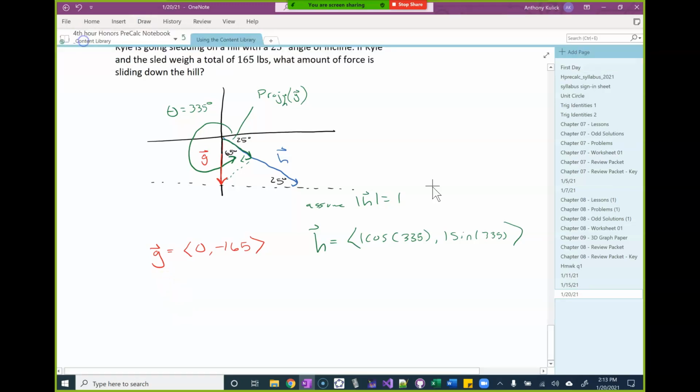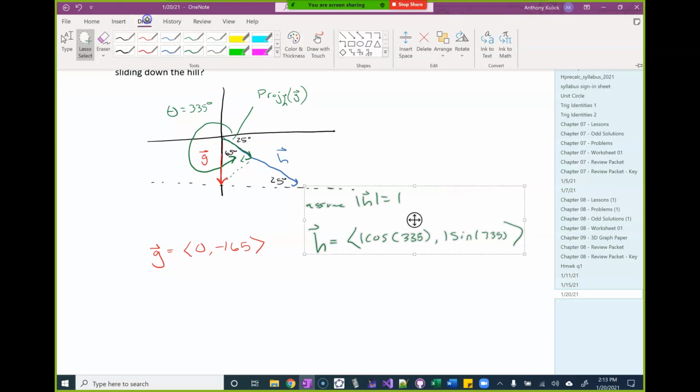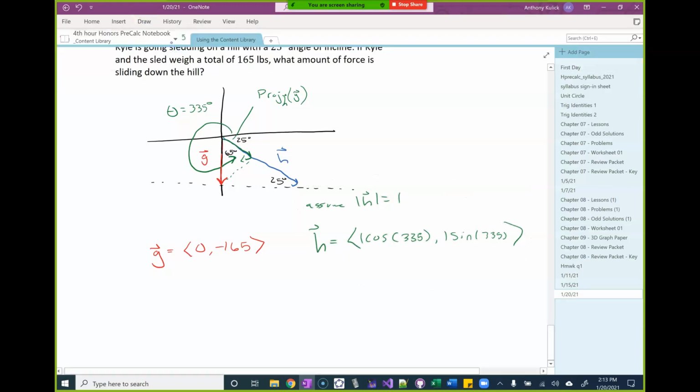So we need the projection of G onto H. Okay.